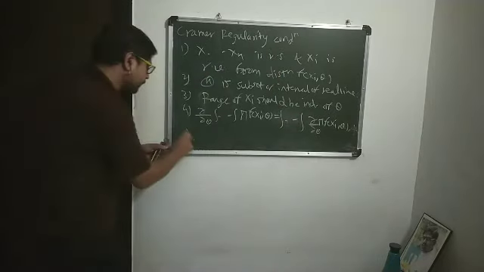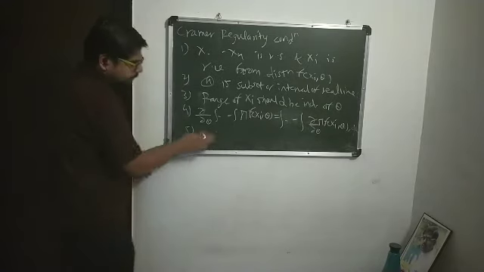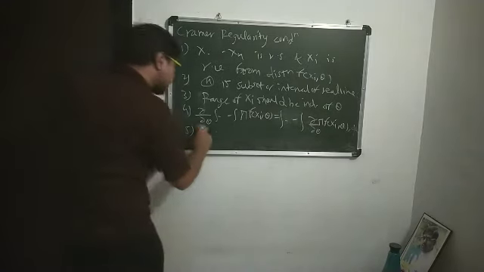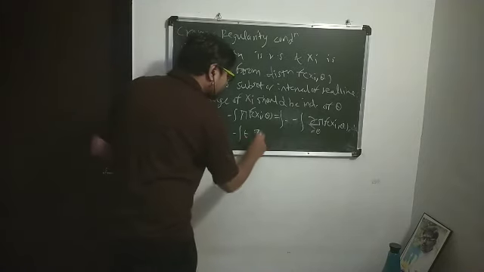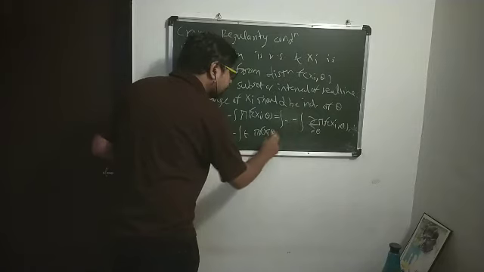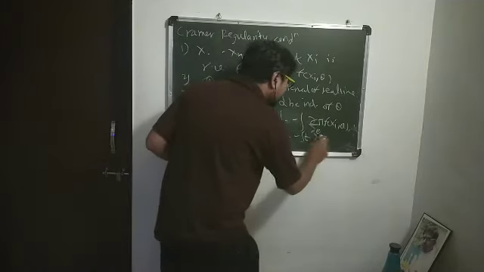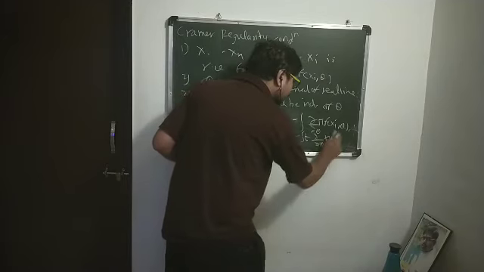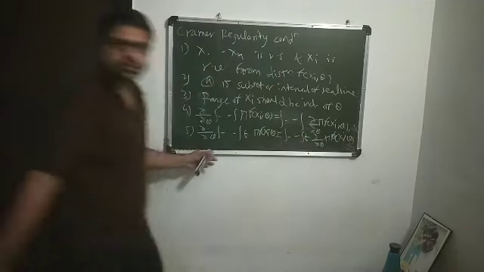Our next condition is that if t is an estimator of theta, then we can write dou by dou theta of the integration of t into the product of f(xi; theta) as the integration of t into dou by dou theta of the product of f(xi; theta), where t is an estimator of theta.